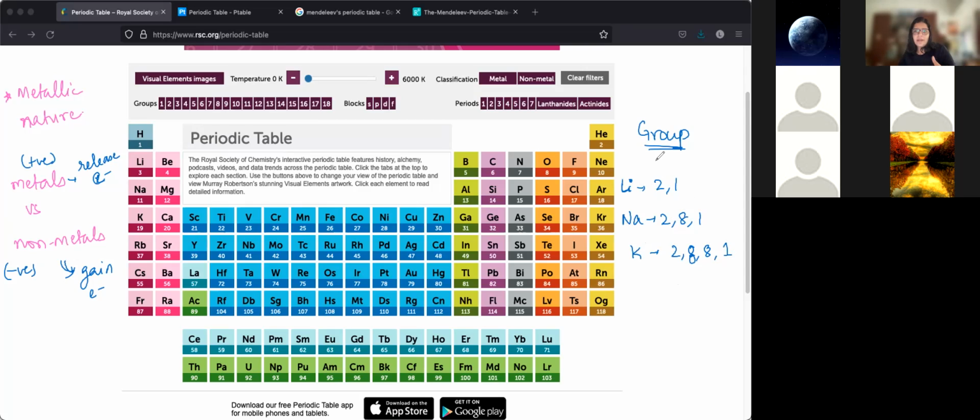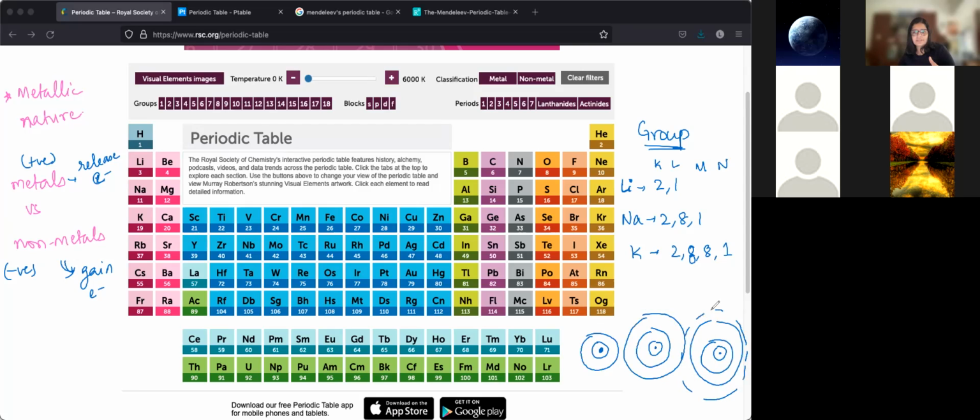Yes, so lithium has only 2 shells, sodium has a 3rd shell, and potassium has a 4th shell. Lithium basically looks like this, 1 and then 2. Then sodium has 1, 2, and 3. And potassium has 1 more, it's increasing. There's no space here, but imagine 4 shells there.